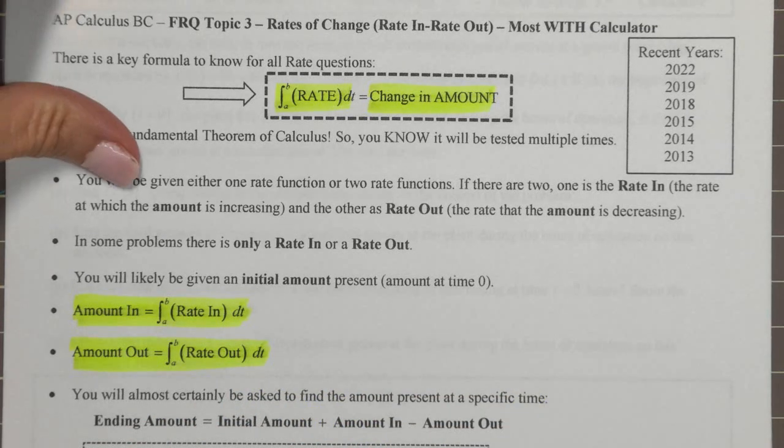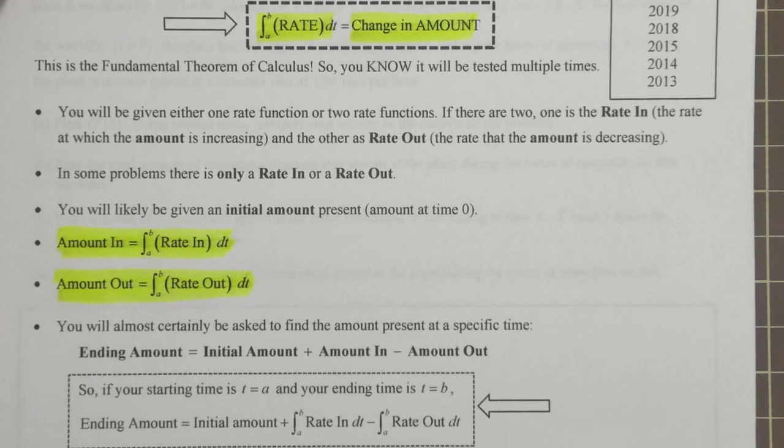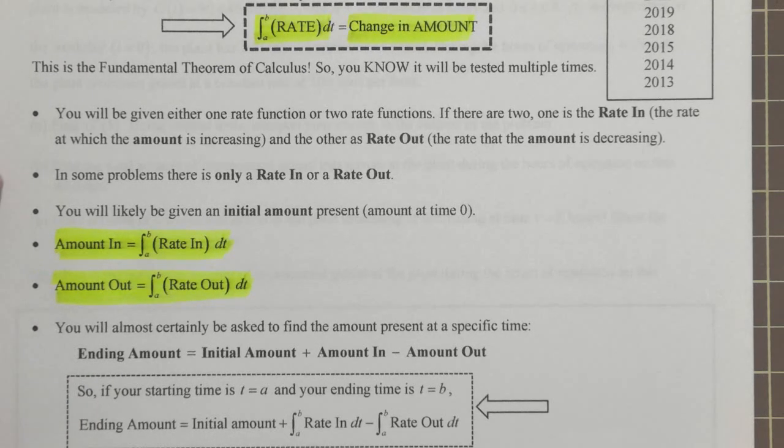You will also likely be given an initial amount, okay? And that has to be taken into consideration if you're asked for an amount that's left at the end of some time period. If I gave you $50, how much money would you have in total?